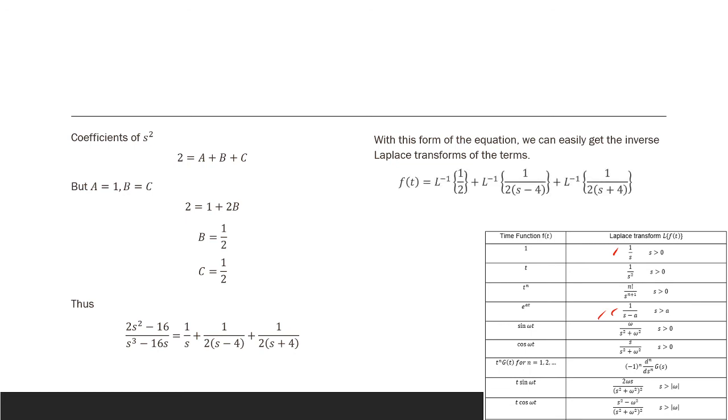So, get the inverse Laplace transform of 1 over s, so ito lang yon. Inverse Laplace transform of 1 over s, that is just 1. Next, we have the inverse Laplace transform of 1 over s minus 4.